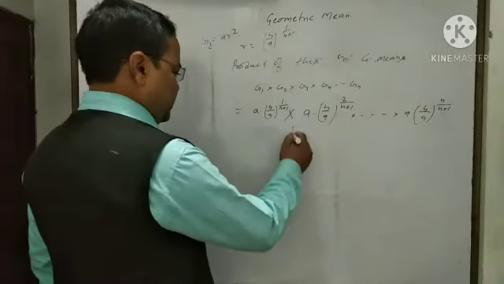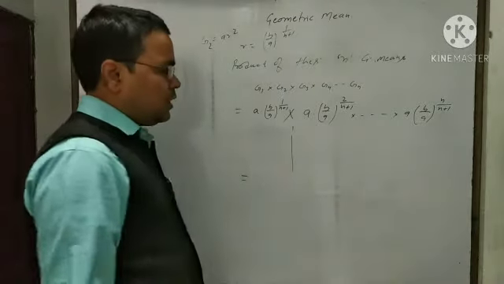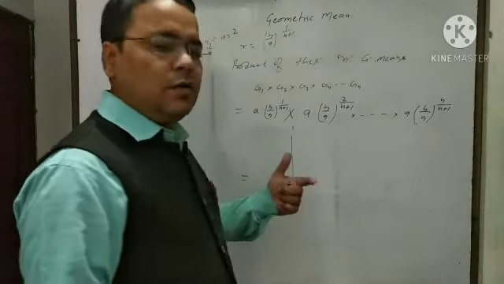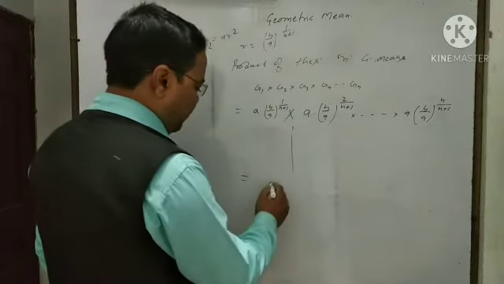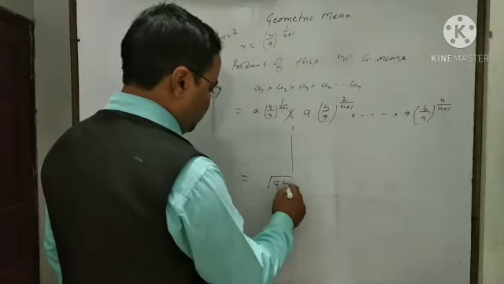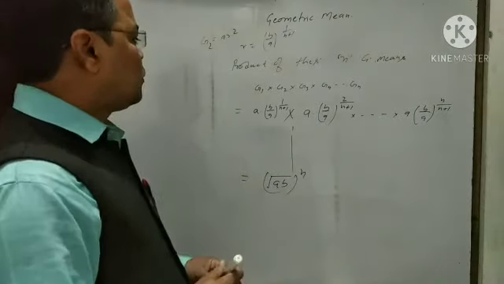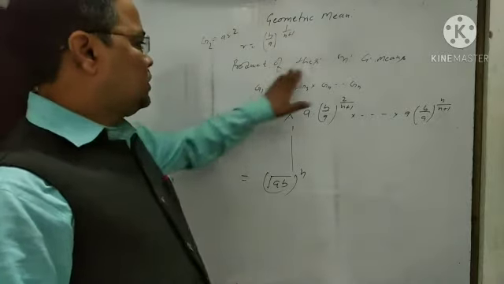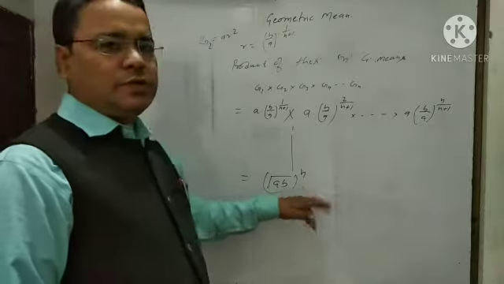If we calculate, you should remember, what you will get after the multiplication. If we calculate, we find that it will be under root AB whole raised to the power n. It means the product of these n geometric means will be under root AB whole raised to the power n.